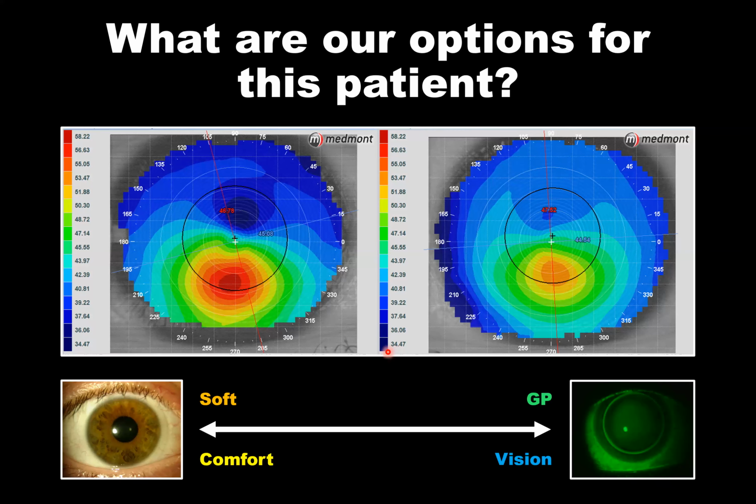And in this case, we look at these eyes and we say, well, if we were to use a custom soft lens, we know we can provide the comfort, but we may not be able to provide the vision. We know we could fit these eyes with corneal GP and we can provide the vision almost certainly, but can we provide the comfort to go along with it?